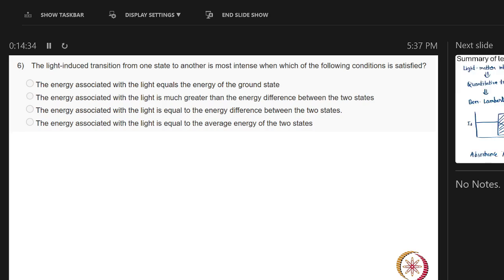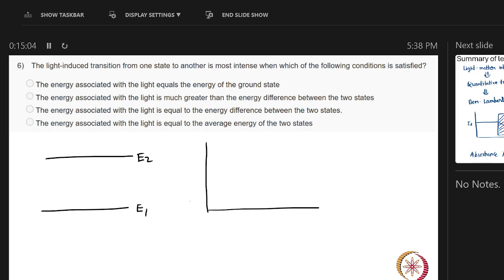And the second question. The light induced transition from one state to another is most intense when? We discussed here, let's say we have two states, E1 and E2, and we draw the analogy here.